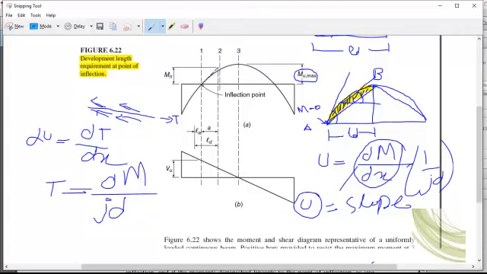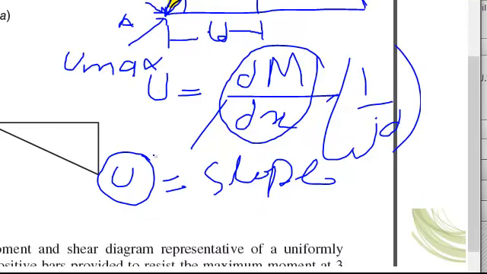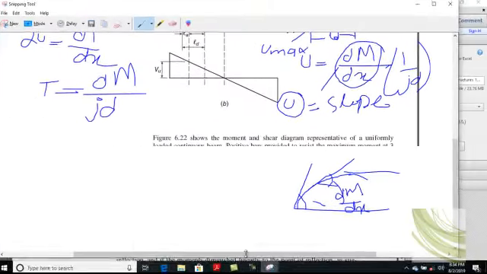And at the top, you can see that the slope becomes zero. So at the midpoint, bond becomes zero because the change in moment becomes zero. But at the inflection point, you see that your bond force will be maximum. Clear? So this is a very interesting piece of knowledge.